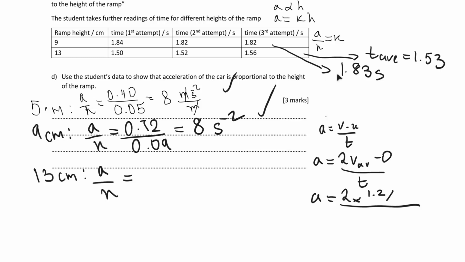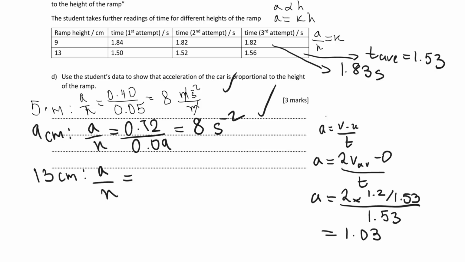So the acceleration will be equal to twice the average speed, so twice 1.2 divided by 1.53, divided by t, which is 1.53. Let's put this expression into a calculator. And up to a few significant figures, we're going to get around 1.03.